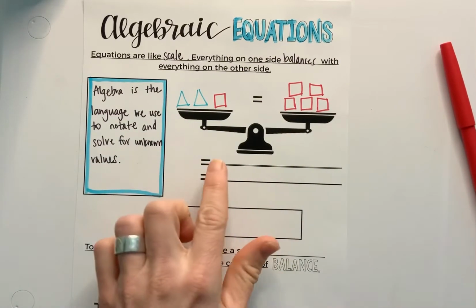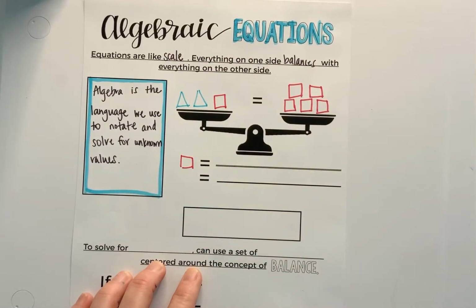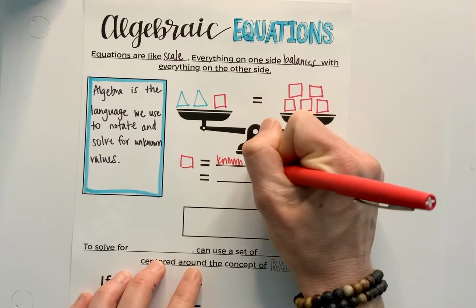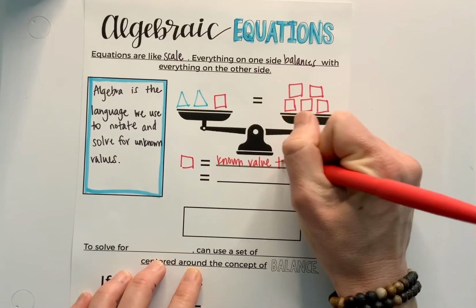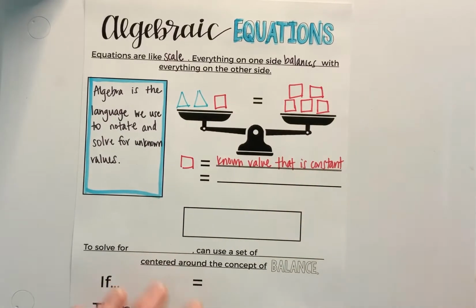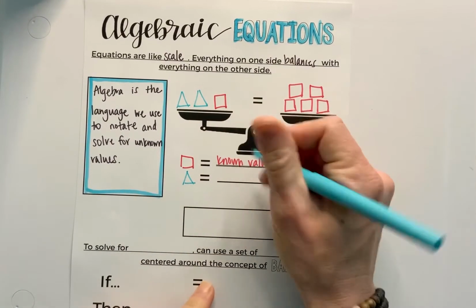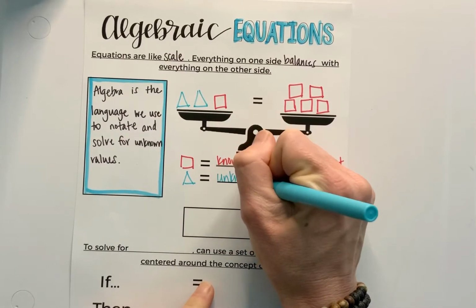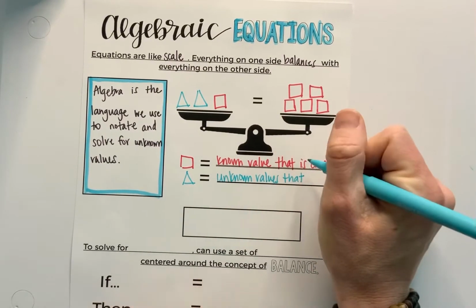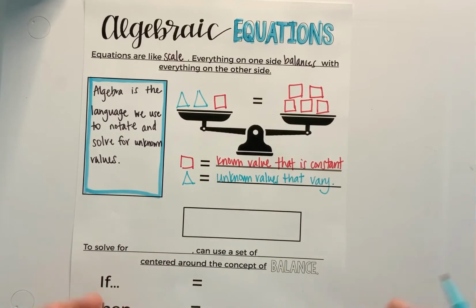So in this model, the red squares represent known values that are constant, whereas the triangles are going to represent unknown values that vary, or that could be different from problem to problem or equation to equation.